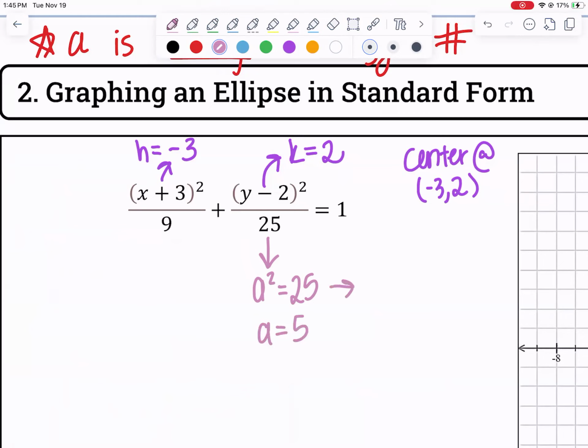Now, something important has happened because I determined that a came from the term underneath the y term. So a squared was under the y term, which means that the y-axis is the major axis.